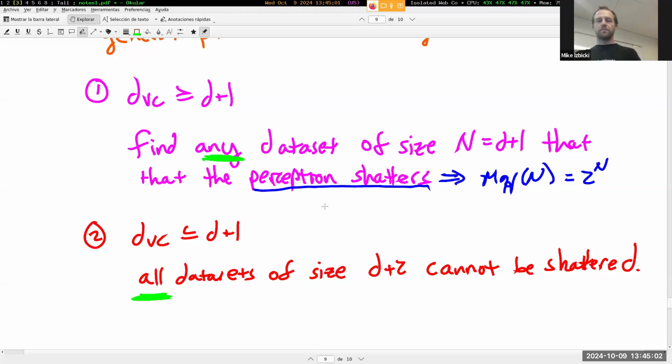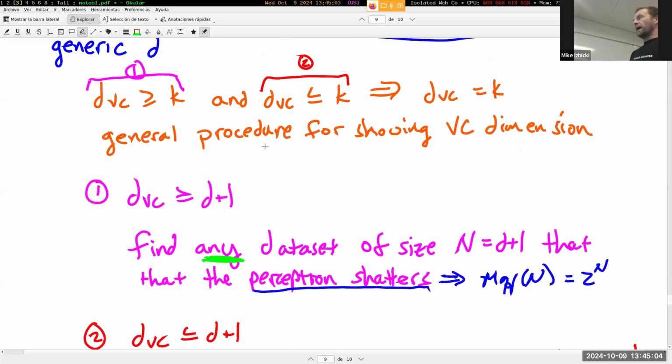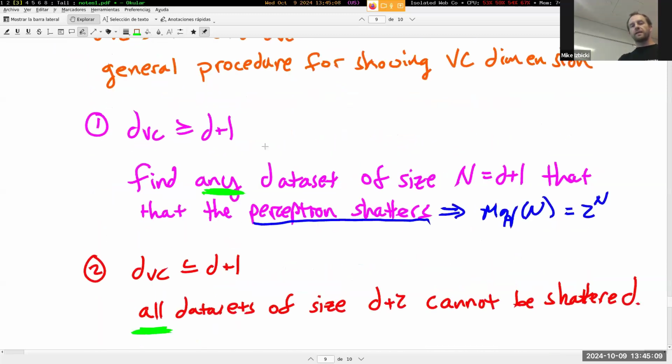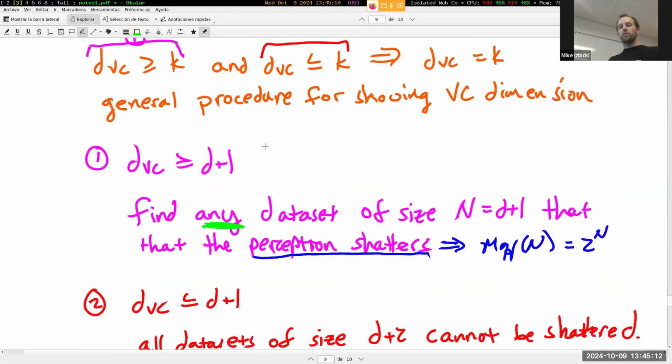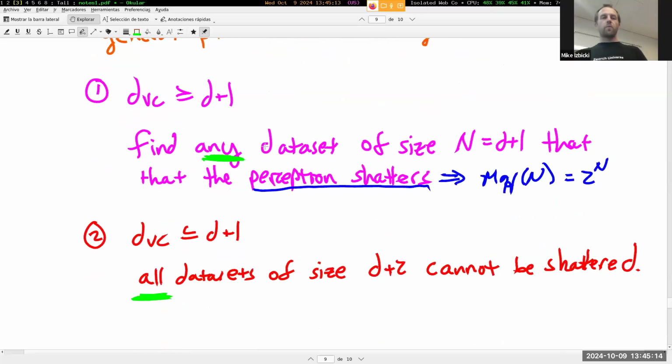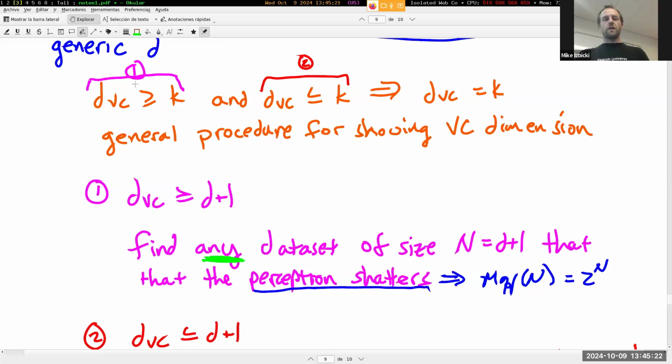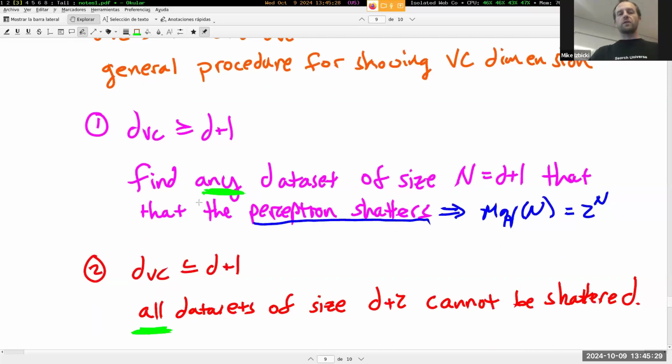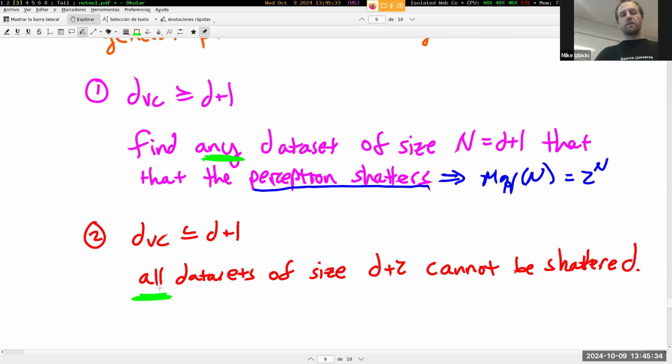On the next note packet, we'll do some more examples of doing this in a little bit more detail. But this is the important thing. Anytime you're asked to justify why the VC dimension is what it is, this procedure of showing that it's greater than or equal to something and less than or equal to something applies: for the greater than or equal to, find any data set that shatters, and for the less than or equal to, show that nothing can shatter it.